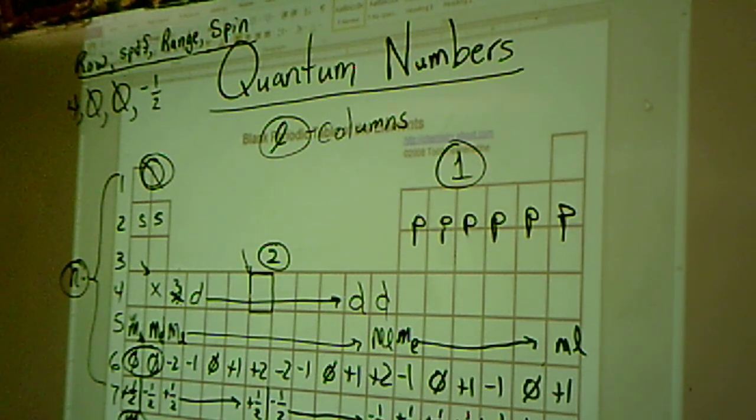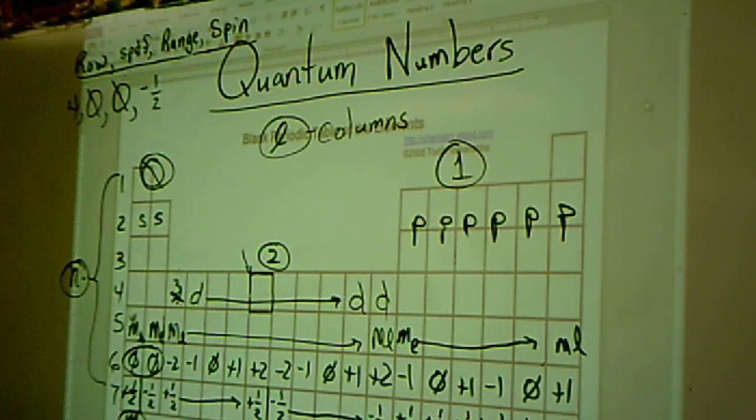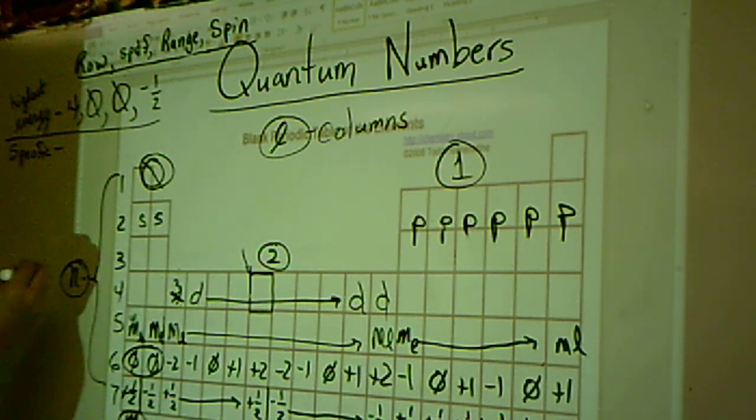Now if we were talking about the Pauli exclusion principle, which means they can't have the same set of quantum numbers, we're not talking about that here. This is your highest energy electron. Now if I'm looking at the specific quantum number for that, then I would look at the 3.